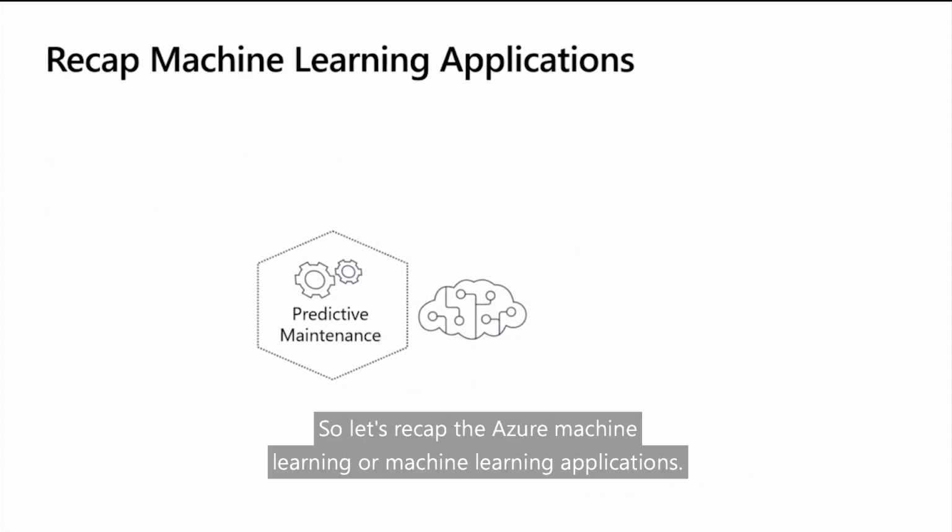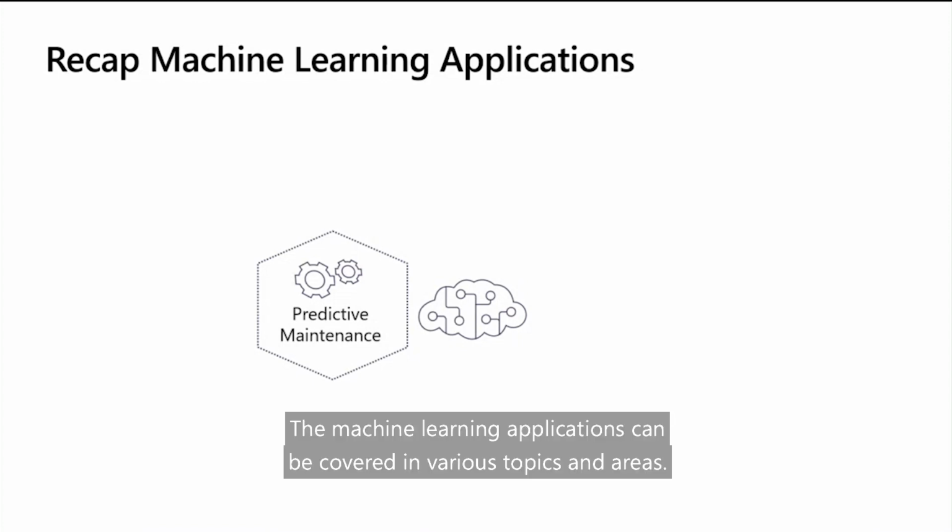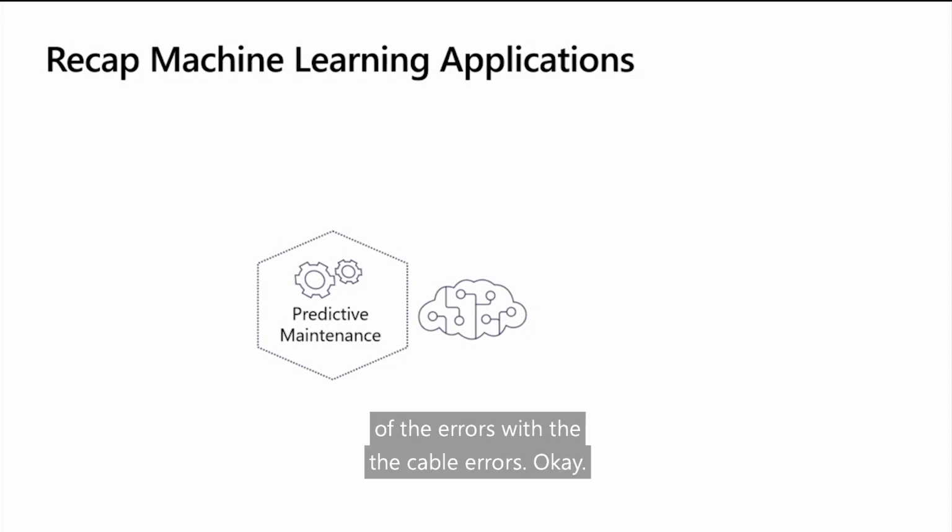So let's recap Azure Machine Learning and machine learning applications. Machine learning applications can cover various topics and areas. Predictive maintenance looks at the historical trend of errors, like cable errors, so we can predict problems and do maintenance proactively.